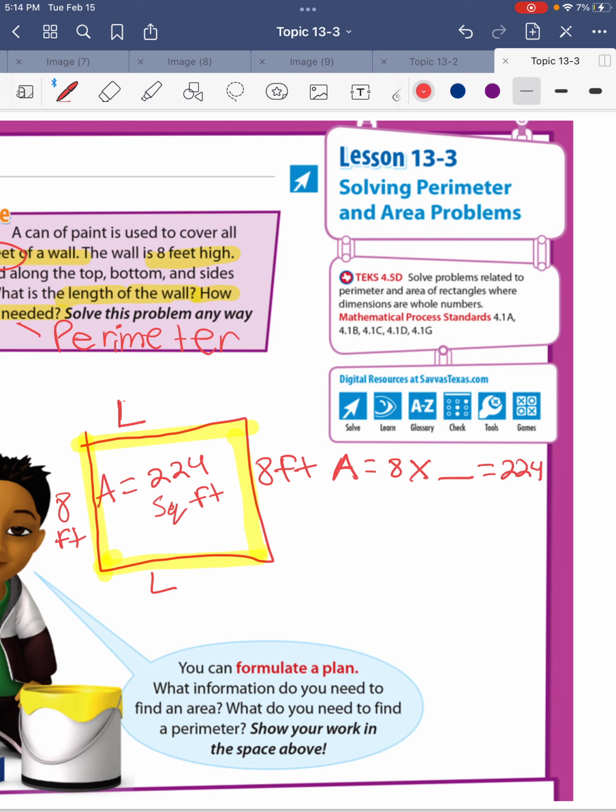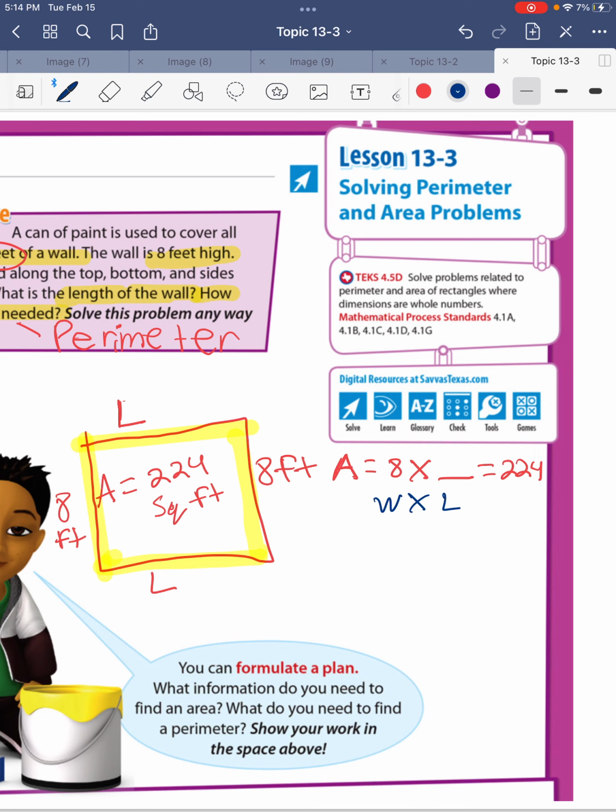How do I know this? Because for area, it's length times width, okay? So I'm just going to put width times length, okay? Because my 8 is my width. So for area, it's width times length or length times width, okay? So they multiplied something by 8 to get 224, okay?